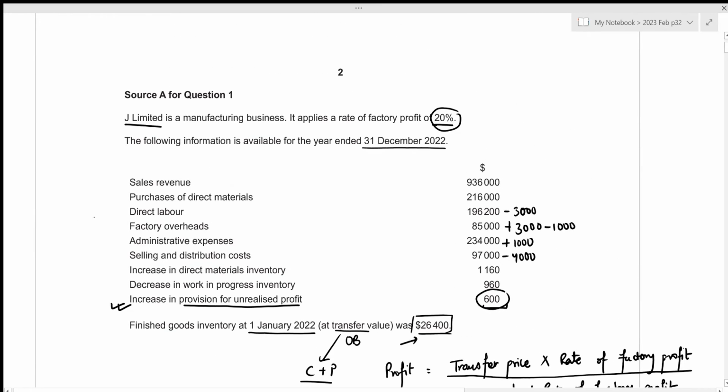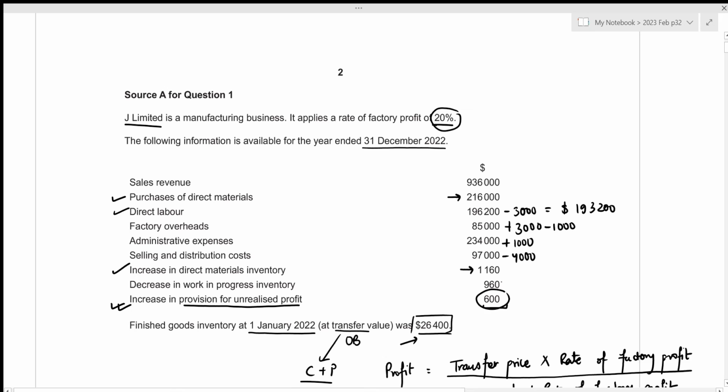In this case, the direct expenses is going to be the purchases of direct materials, which is given to be 216,000. Then we have direct labor, which is 196,200 minus 3,000, which results in 193,200. And then we also have our increase in the direct materials inventory. So this just means that our closing inventory is greater than the opening inventory by the amount of 1,160.